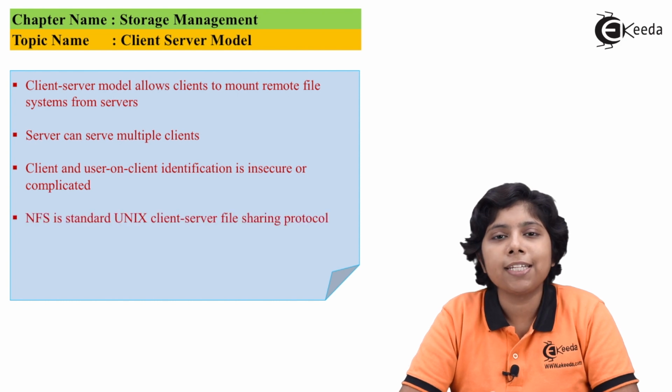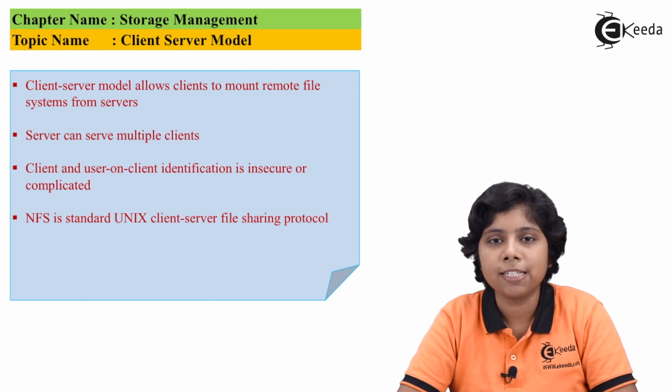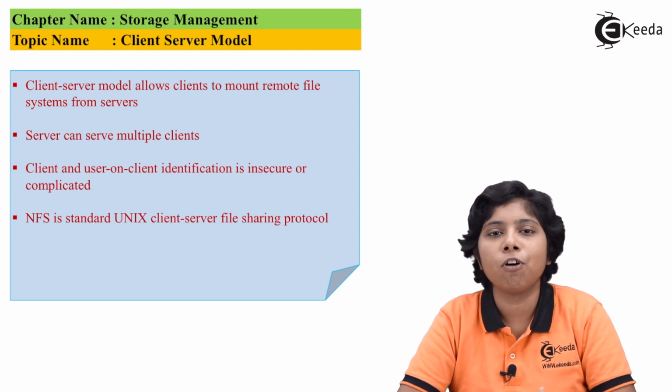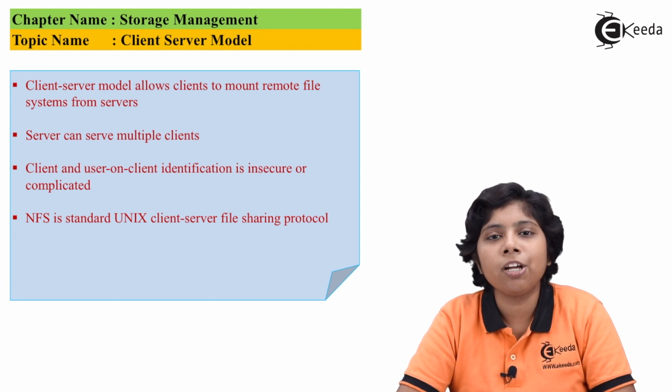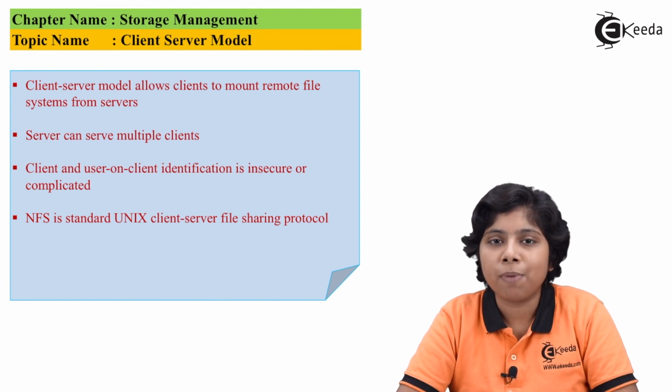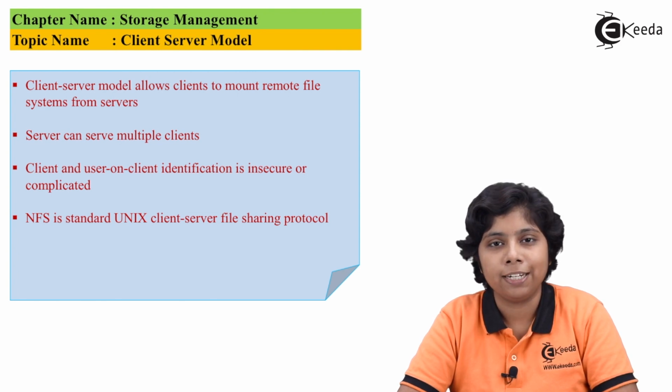For Unix and the Network File System, or NFS, client authentication takes place based on the networking information of the client. In this scheme, the user ID of the client and the server are compared. If they match, the client is allowed to access the files on that server, otherwise it is denied.